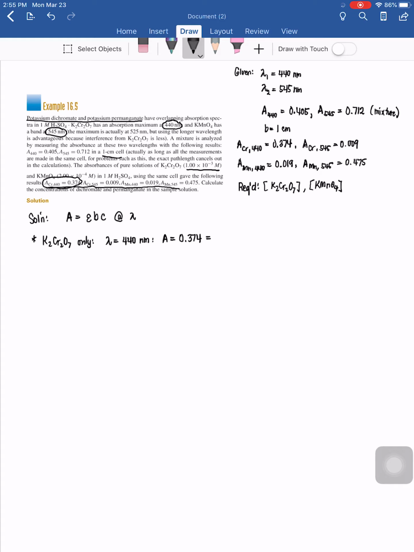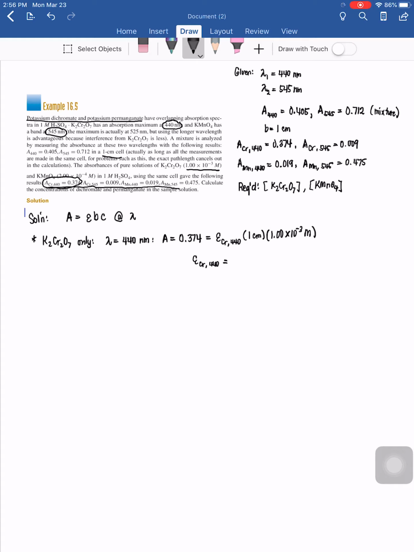And the absorbance should be equal to the molar absorptivity of the dichromate at this wavelength times the path length, which is just 1 centimeter, times the concentration of our pure solution of potassium dichromate, that's 1.0 times 10 to the negative 3 molar. Now, let's compute the value of the molar absorptivity.